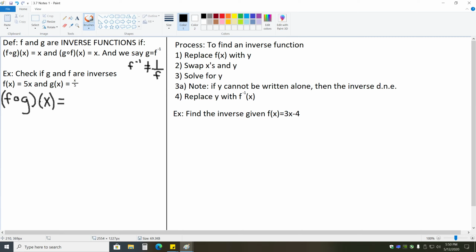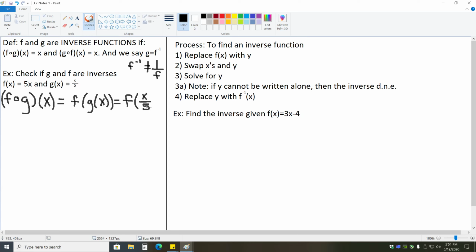So starting with f∘g, we're finding f of g of x, which means we're plugging g of x into f of x. So when we plug g of x in, we know that g of x is equal to x over 5.